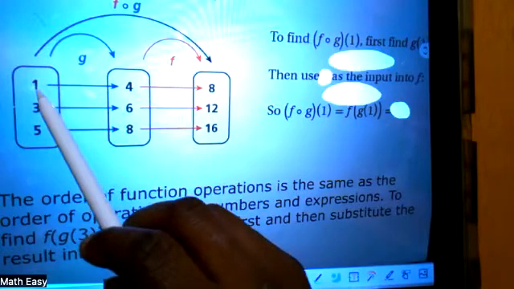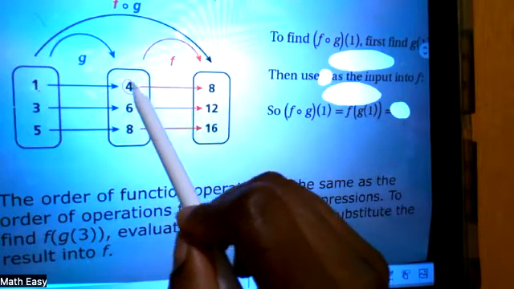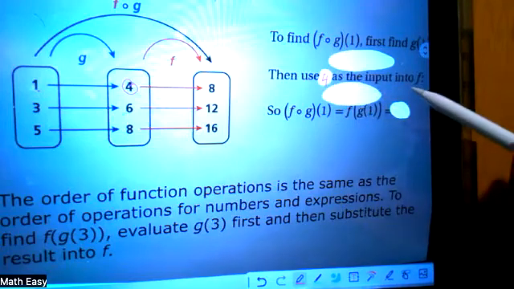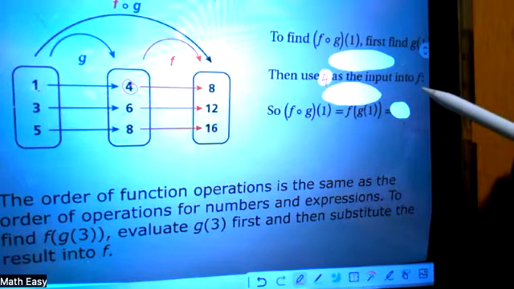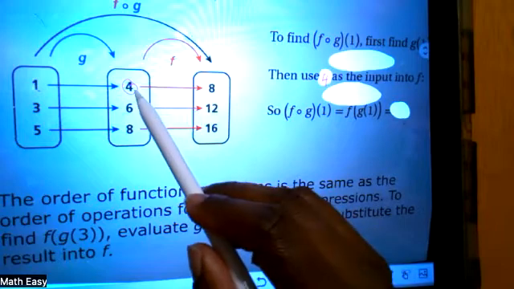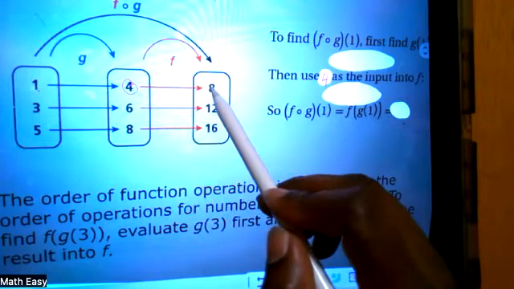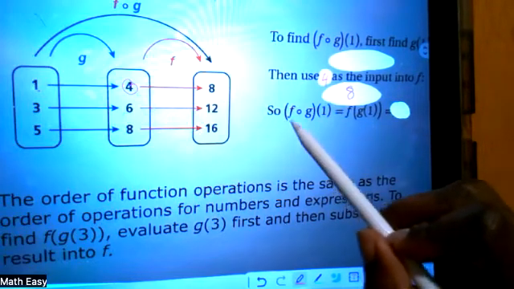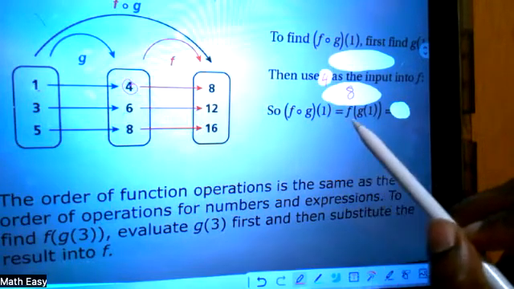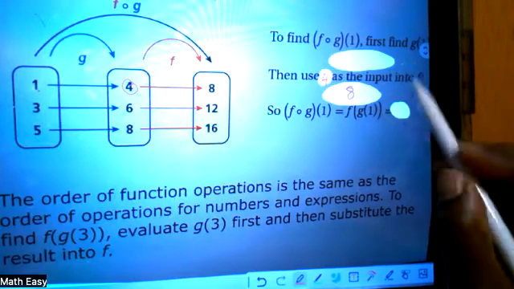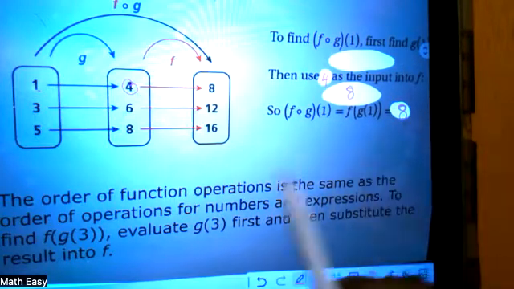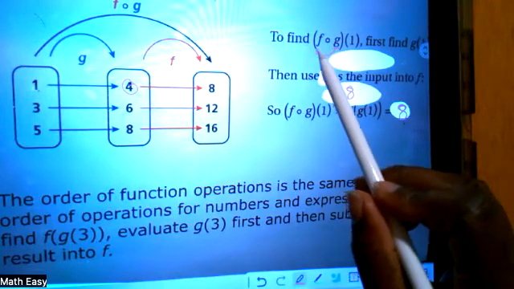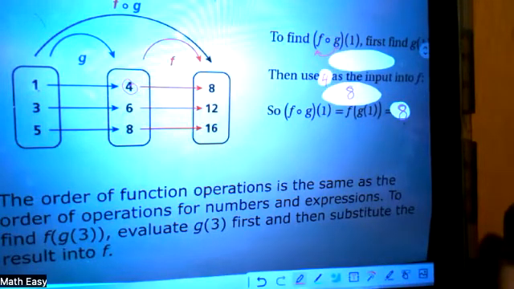You look for g of 1, and that corresponds to 4. So you're going to use 4 as your input into f. Now that you use 4, that corresponds to 8. So f of g of 1, written this way, is 8. You look for your g function and then you input that into your f function.